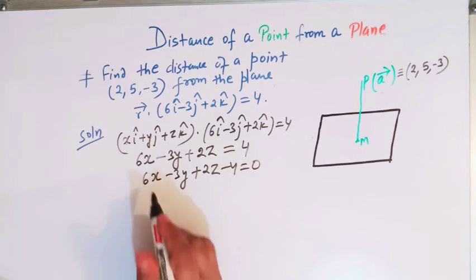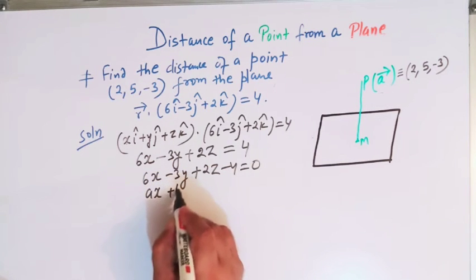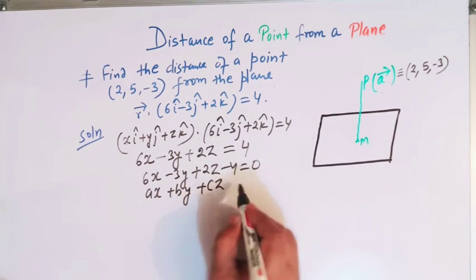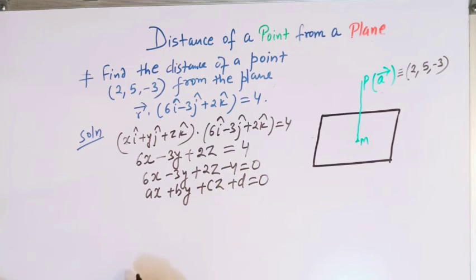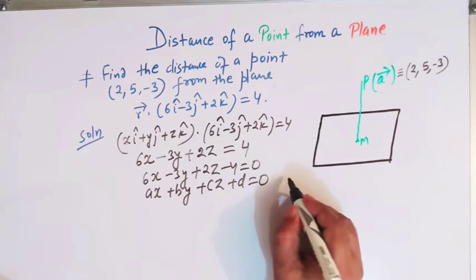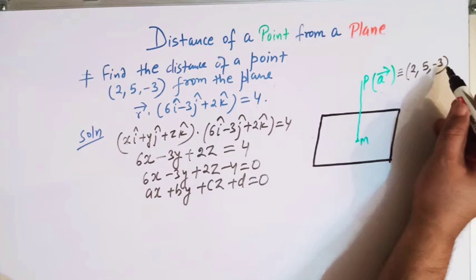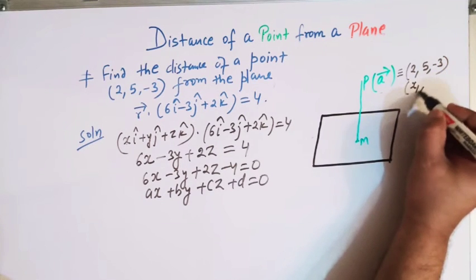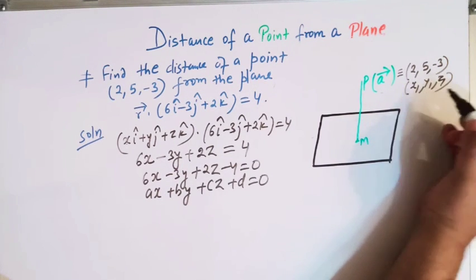Now this equation is of the form ax plus by plus cz plus d equal to 0, and we are given the point 2 comma 5 comma minus 3 as x1 comma y1 comma z1, right?